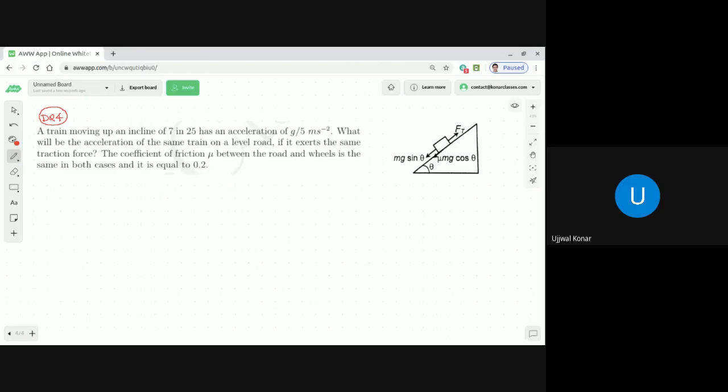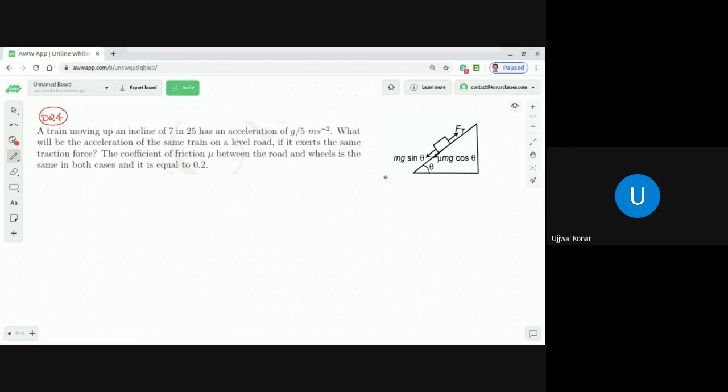See, if you see the adjoining diagram, that incline of 7 in 25 means sine theta is equal to 7 by 25. You may think, sir, how is it, because this is also another way of saying the inclination.